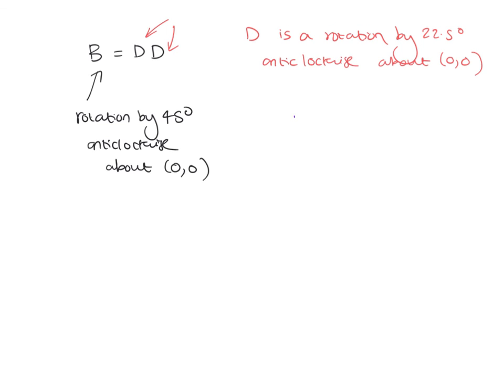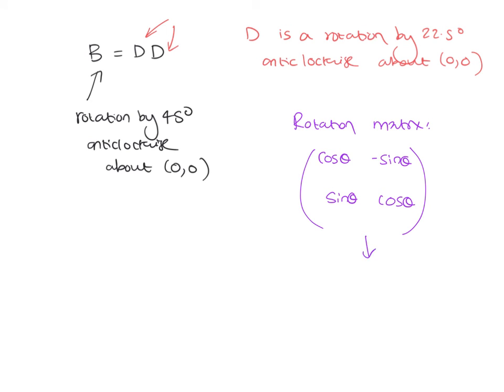Now, what do we know about a rotation matrix? We know a rotation matrix takes the format cos theta, minus sine theta, sine theta, cos theta. Now, if we want a rotation by 22.5 degrees anti-clockwise, then we would need to have 22.5 degrees as our value of theta. So cos 22.5, minus sine 22.5, sine 22.5, cos 22.5.